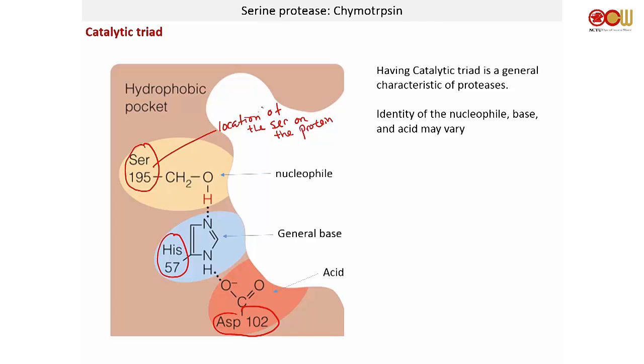So serine 195, meaning that it's the 195th amino acid in this chain. And what you notice is that you have 195 right next to 57, right next to 102. How does that happen? Because your protein is 3D. Okay, it's 3-dimensional, so they can actually be right next to each other, even though their numbers are very far apart. Just so you remember.